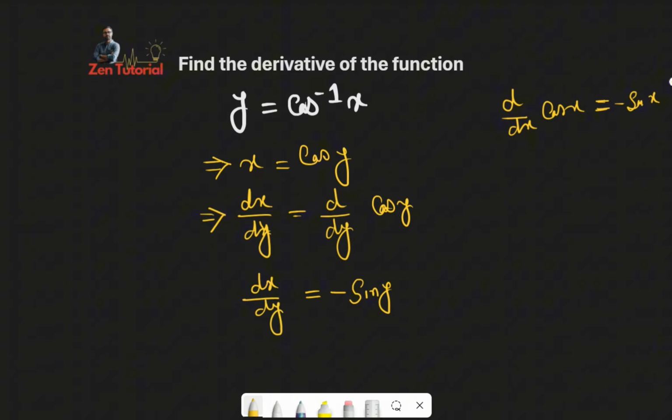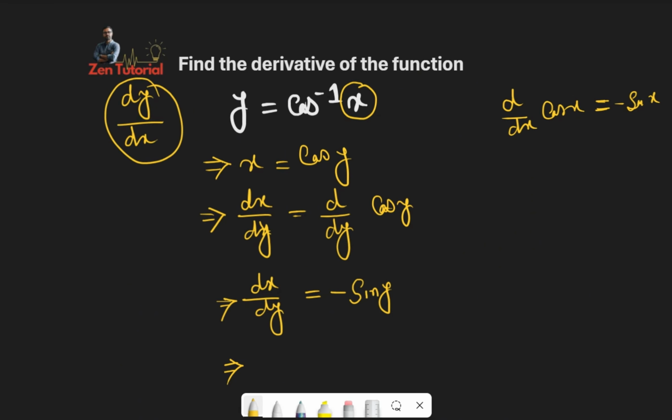Now what we have to evaluate, as the function y equals cos inverse x, is with the variable x. Indeed, we have to determine dy by dx, which is the main objective.